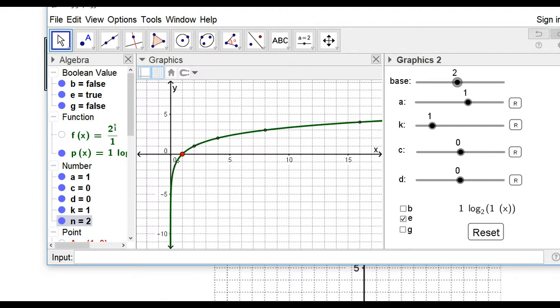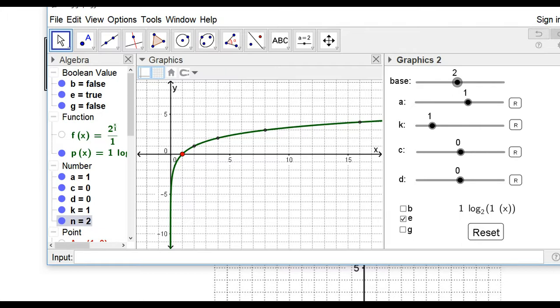So if I put 0 in for y, 2 to the 0 is 1, 2 to the 1 is 2, 2 to the 2 is 4, 2 to the 3 is 8, 2 to the 4 is 16, and so on. But the logarithms are the inverse of that.